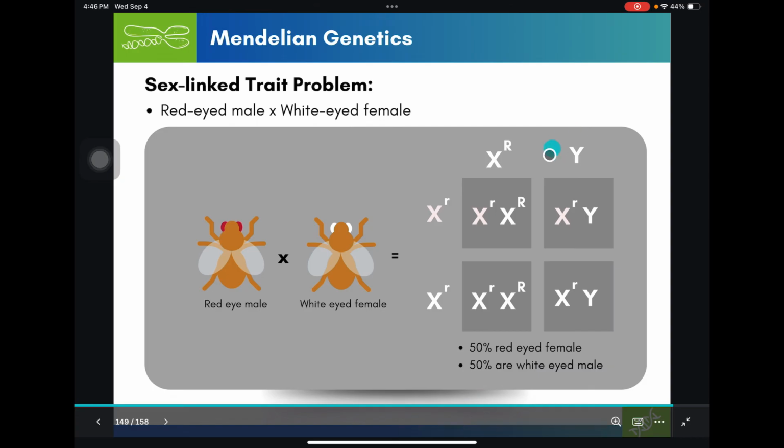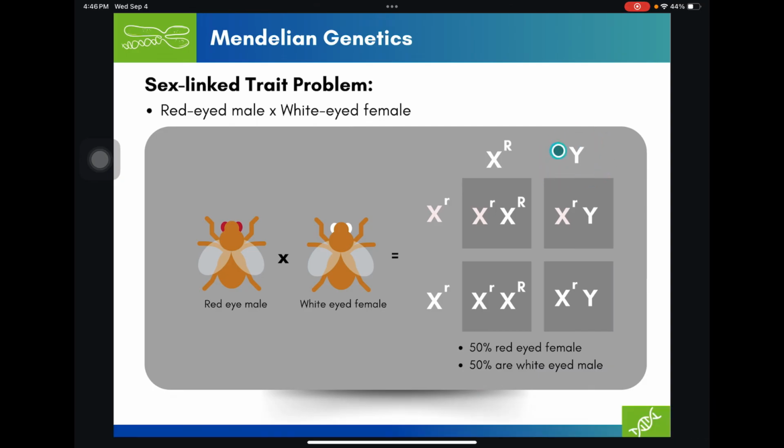Since the Y chromosome does not carry any traits at all, whatever alleles are carried on the X chromosome will be expressed in the organism. So even though our X chromosome here carries the recessive gene, since the Y chromosome does not carry any traits at all, the organism will have white eyes.